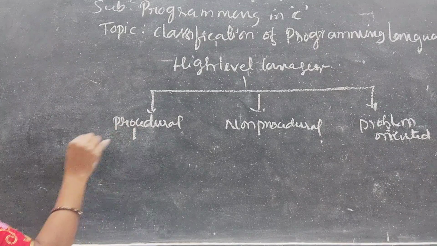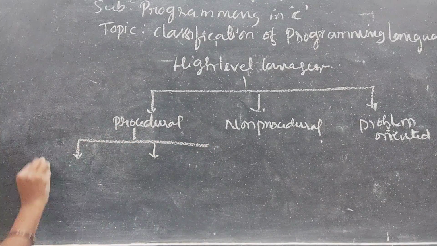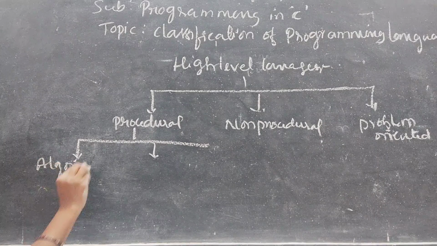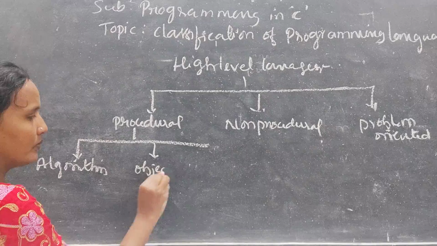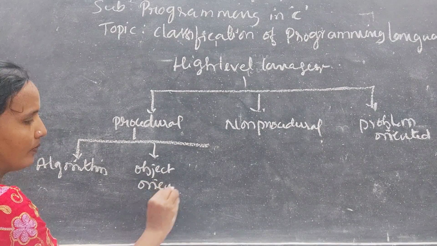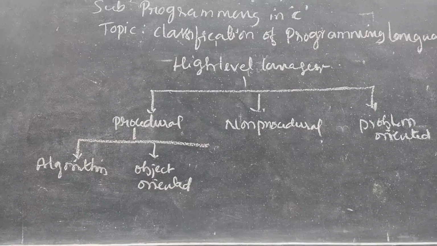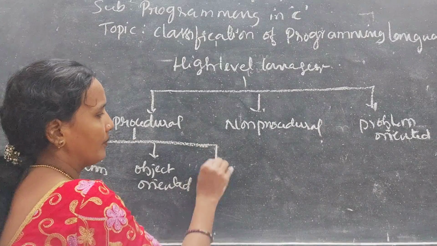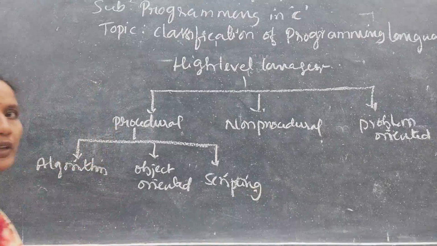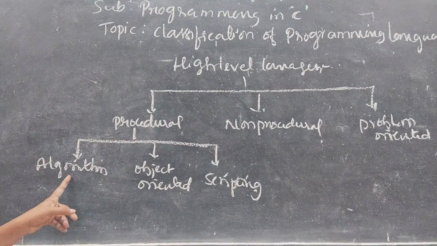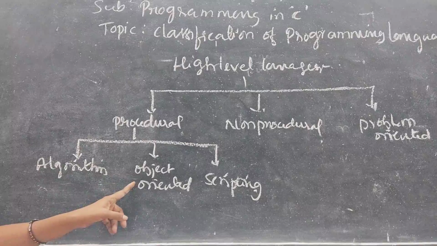Again, procedural is divided into three types: first one is algorithm, second one is object oriented, and third one is scripting.